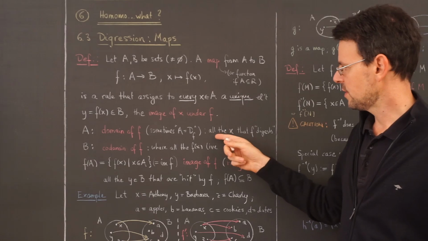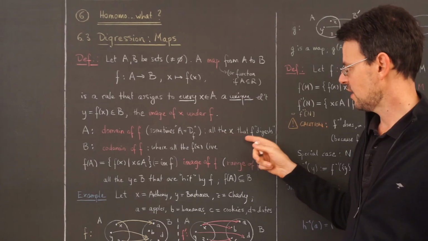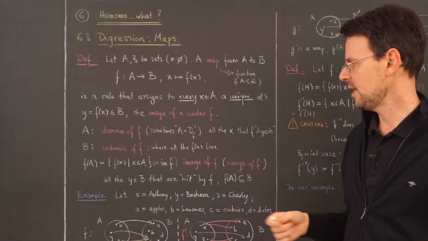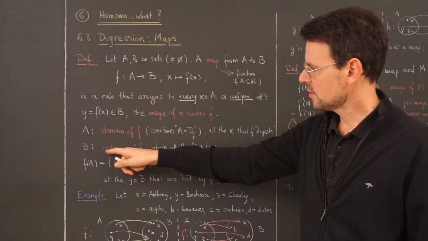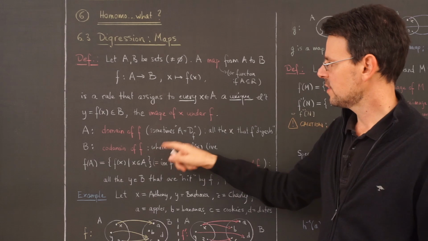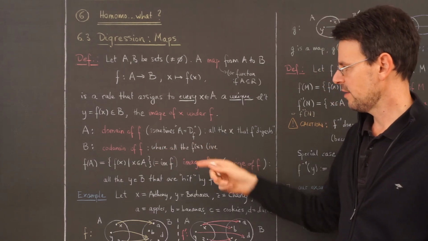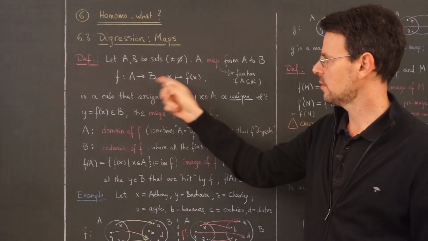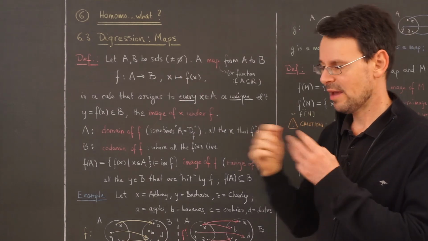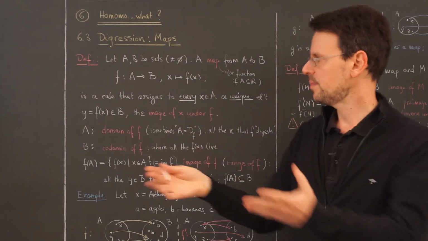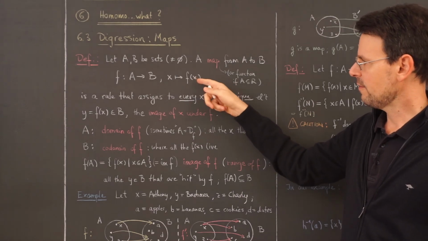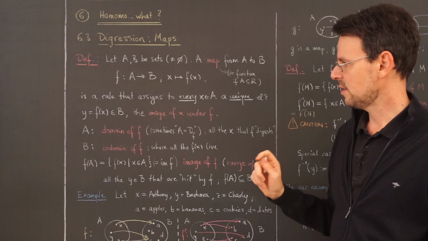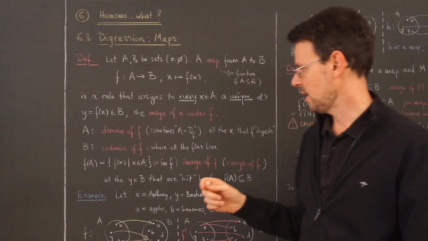We could call this here all the elements x that f can digest, or that I can feed into my map f. B, the so-called codomain of f, is simply where all the f of x live, that f puts out. So I plug in an x, and f is like a machine that spits out this image here, called f of x, and this here lies in the set B, which is the codomain.